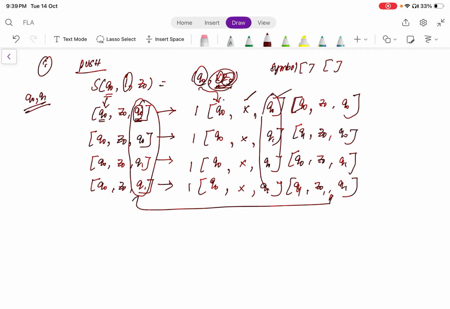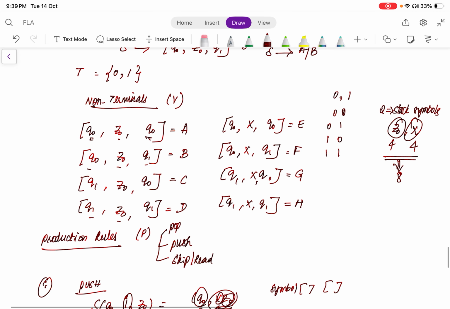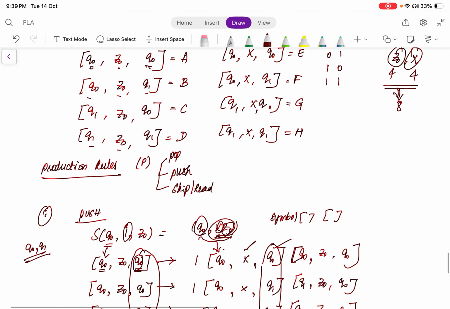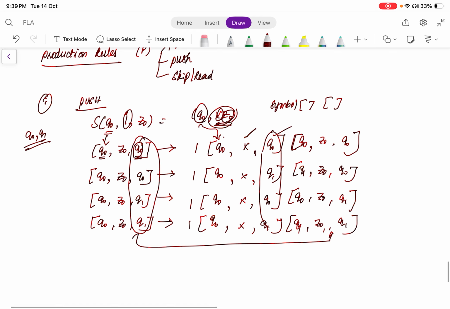These are the transitions of your push operation. Now you should be able to replace these with the capital letters, that is the non-terminals. The first one is q0, Z0, q0. So what is that?